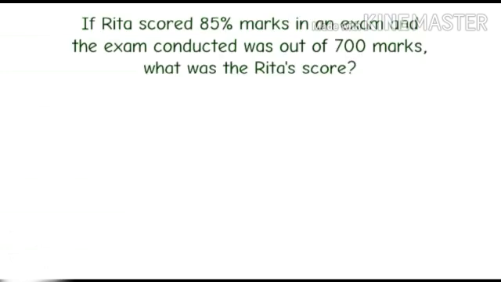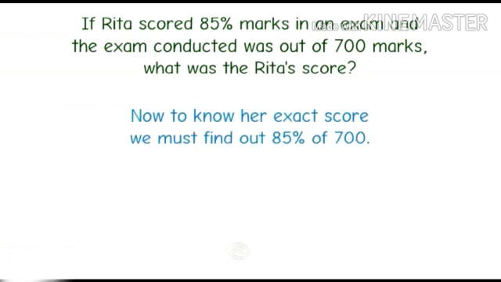If Rita scored 85% of marks in an examination and the exam conducted was out of 700 marks, what was Rita's score? Now, to know her exact score, we must find out 85% of 700. How do we do that?